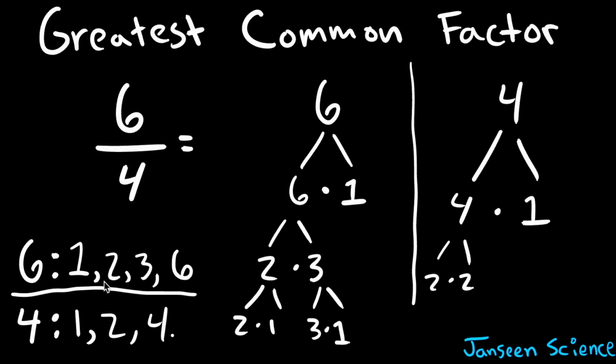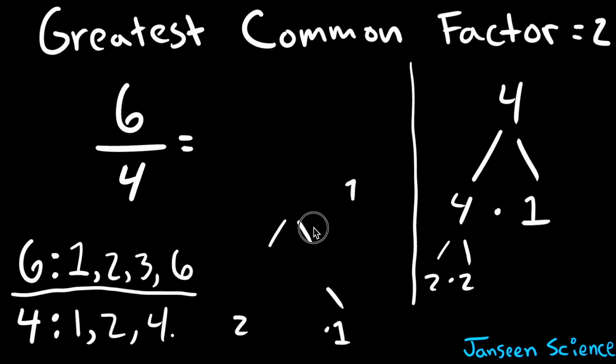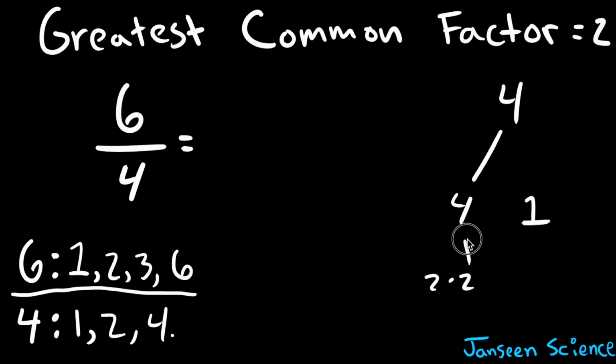So the largest or the greatest common factor will be 2 and 2. So it will be 2. And I'll write 2 right there. Let me go ahead and erase all this.